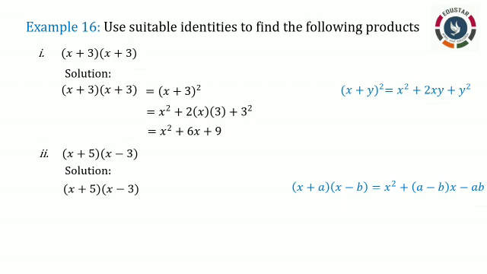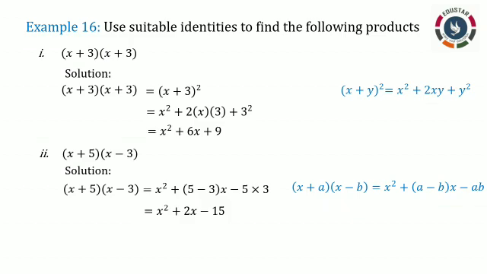Now, here your a value is 5 and b value is 3. Now, substitute the values in the formula. We will get x square plus (5 minus 3) into x minus 5 into 3, which is equal to x square plus 2x minus 15. So, we have used suitable identities for finding the products.